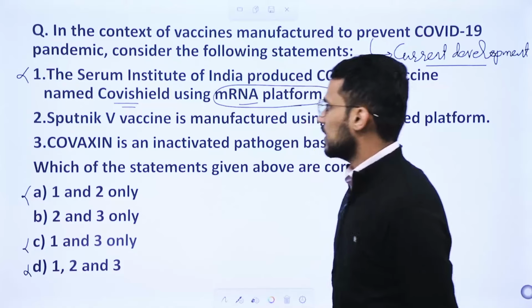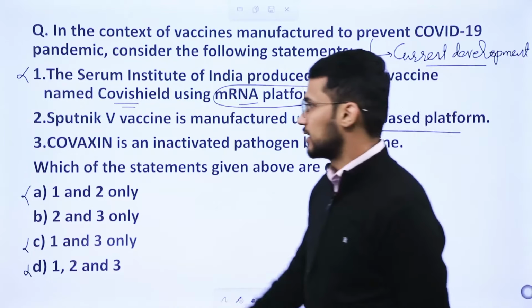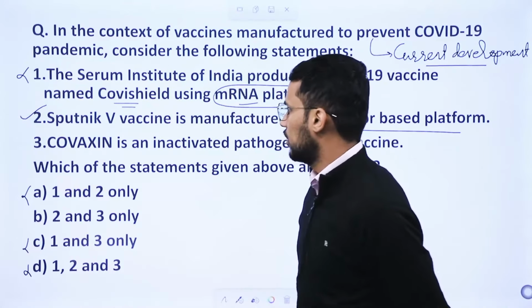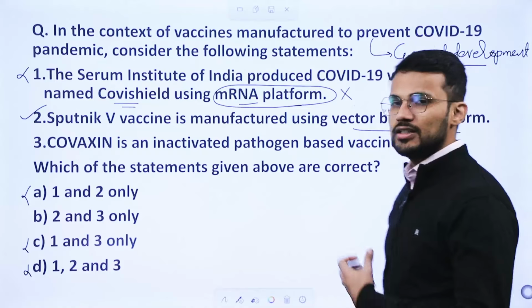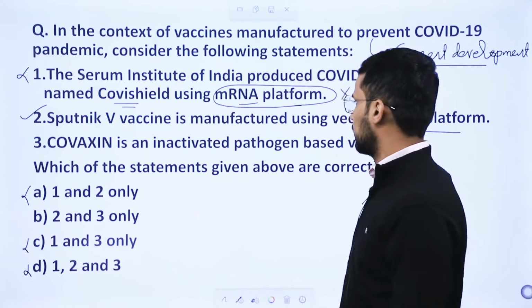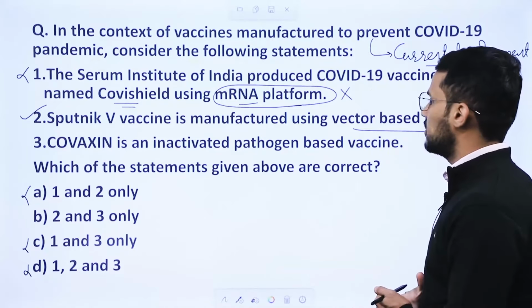Second, Sputnik V vaccine is manufactured using a vector based platform. Correct statement. Sputnik V was a vector based vaccine. Third, Covaxin. Covaxin is another vaccine that was used in India, and it was manufactured by Bharat Biotech. Covaxin is an inactivated pathogen based vaccine.